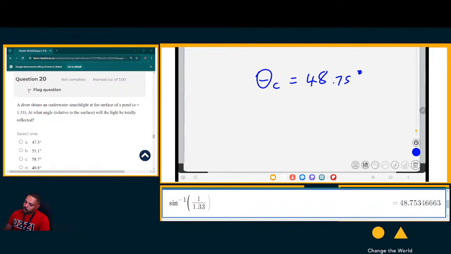Now, for total internal reflection to occur, the angle of incidence must be bigger than or equal to the critical angle. So the critical angle is 48.75.